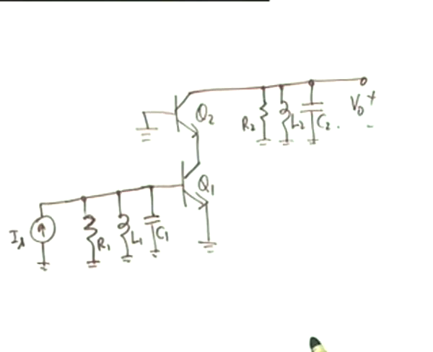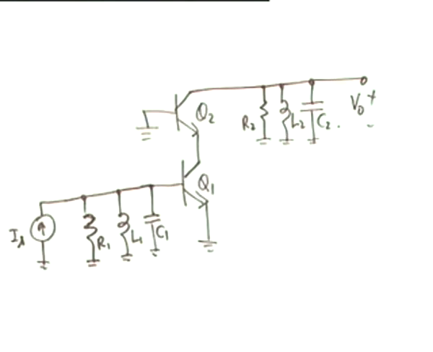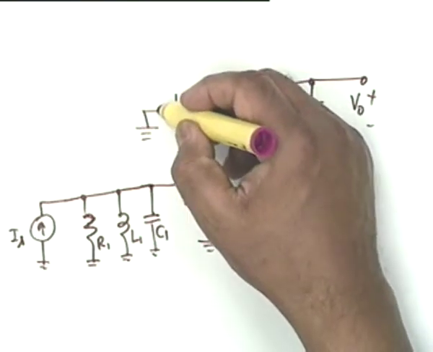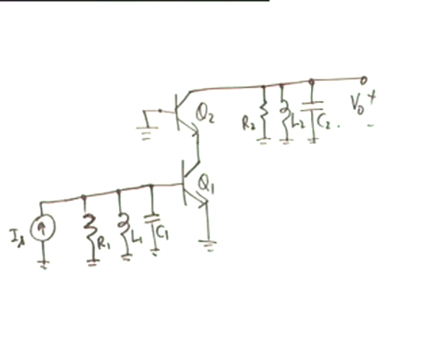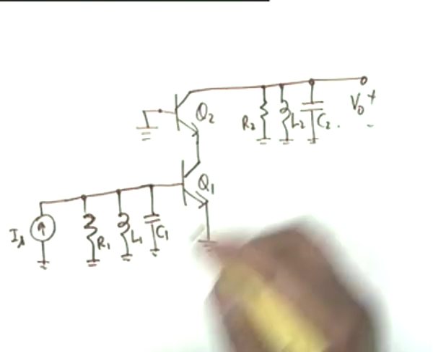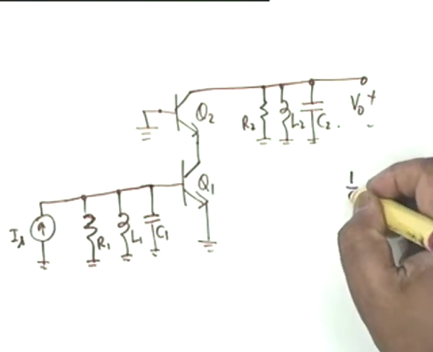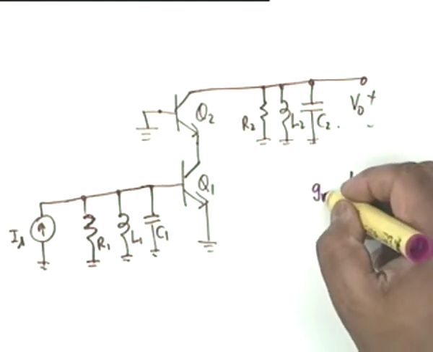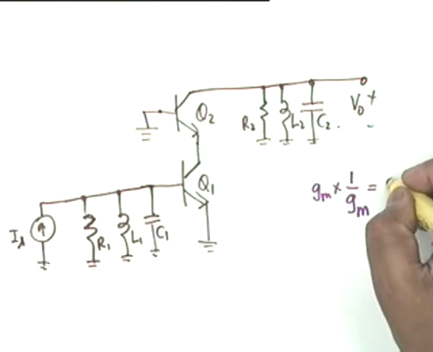Now, the reason why C mu cannot affect the performance of this circuit substantially is the following: the impedance between this point and this point is R pi divided by beta plus 1, and therefore the impedance is approximately 1 over gm, and when you multiply by gm RL, it becomes equal to 1.